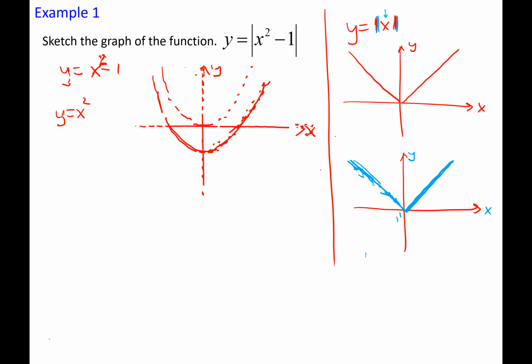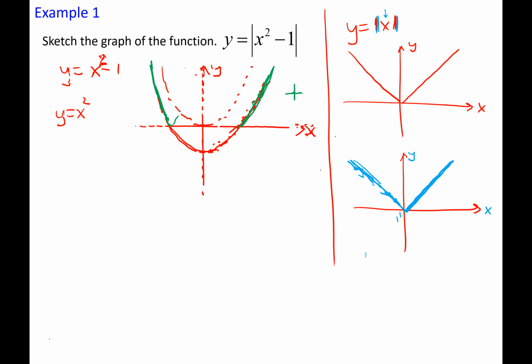And now let's use the same idea. Everything above the x-axis will stay. That's the positive part, and the absolute value of positive numbers is the same number. Now, everything below, that part, is negative numbers. The absolute value of negative numbers are positive numbers.